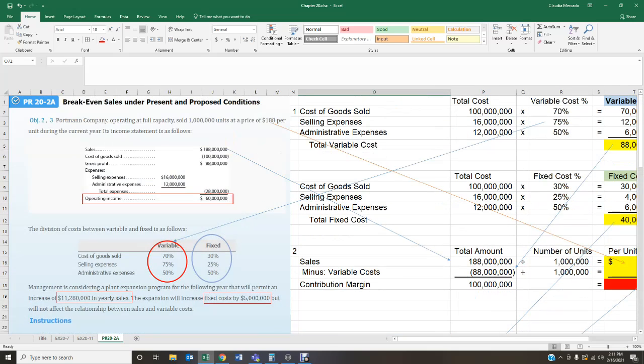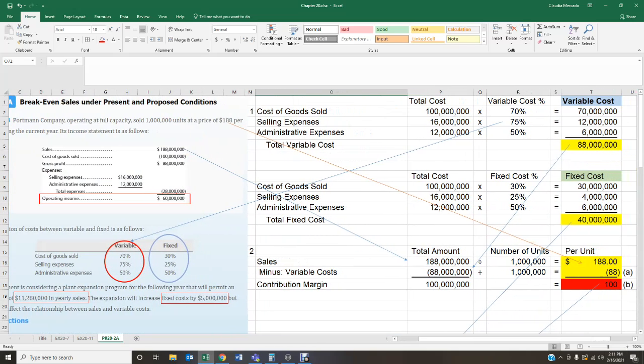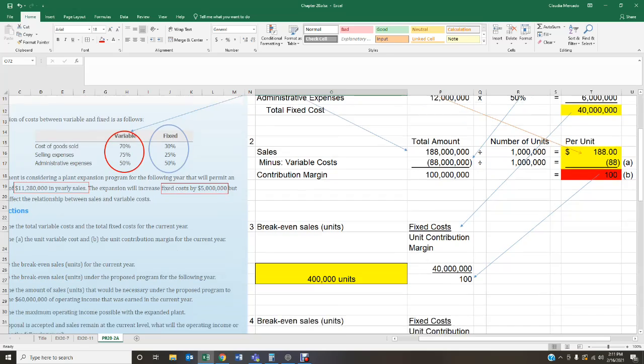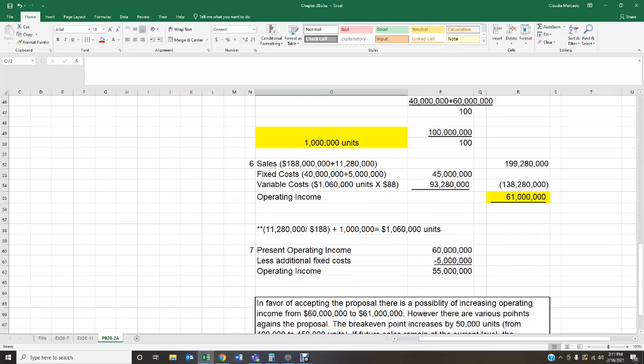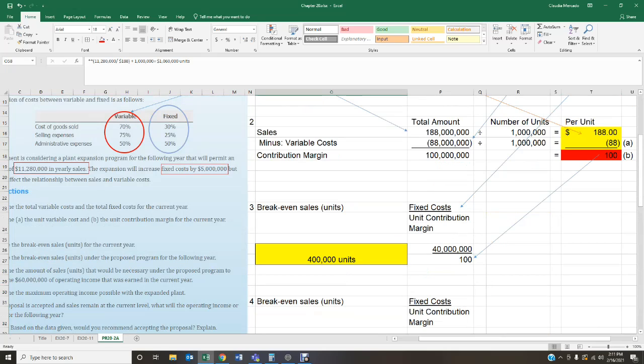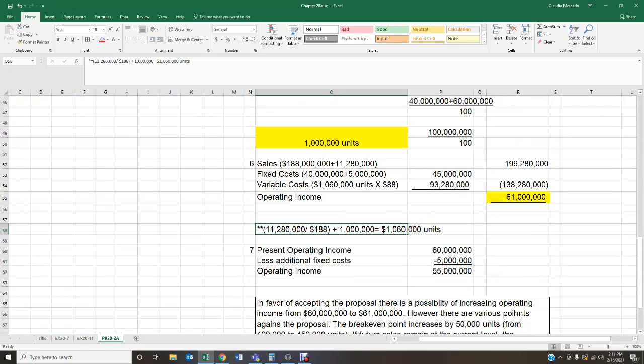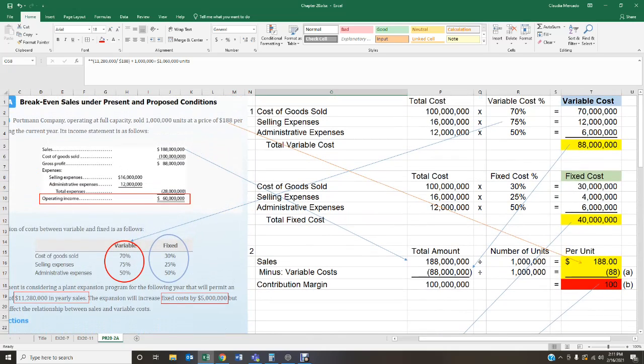There's a lot of calculations in this problem. Please analyze it carefully: the different requirements, the break-even numbers. The only thing I think of confusion here is this calculation where we're getting the increased number of sales. The 11,280,000 is coming from our revised yearly sales. We're dividing it by $188, which is our sales price per unit, the 188 provided up here in the problem as well.